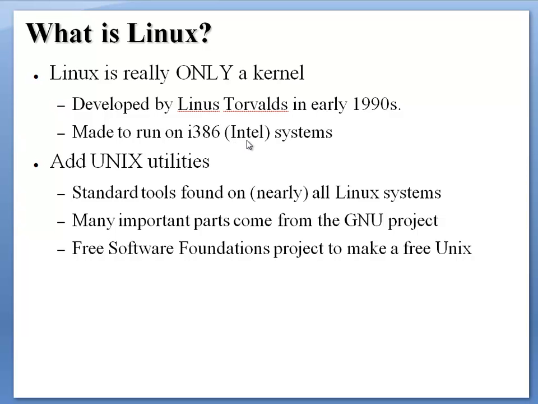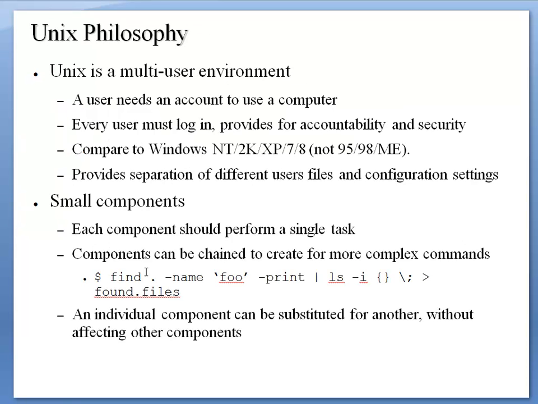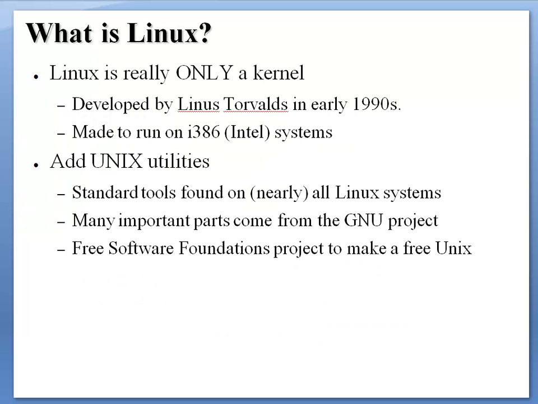And so you can't interact directly with the kernel, so what you have to do is add UNIX utilities. And UNIX utilities are standard tools run from the command line, like we saw previously right here, that run on, this says nearly all Linux systems. I'm not sure if there are any Linux systems that don't run the standard UNIX utilities.